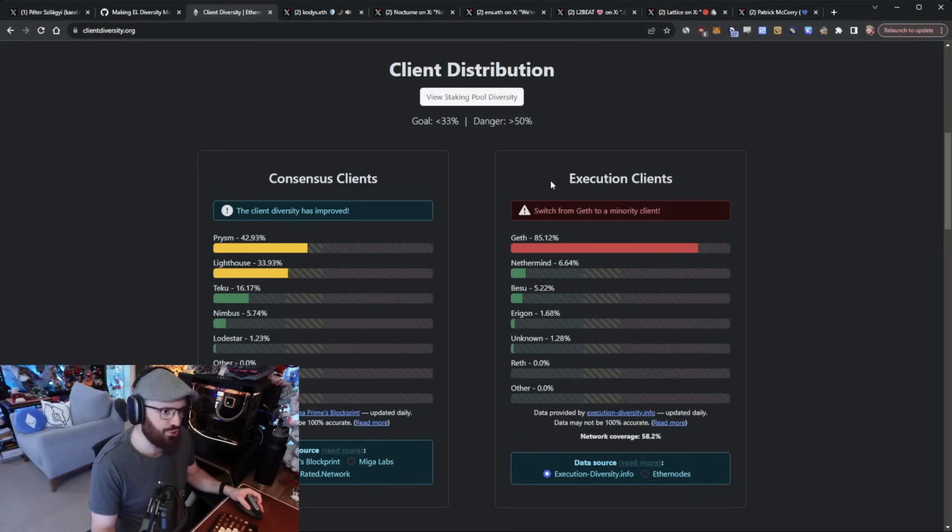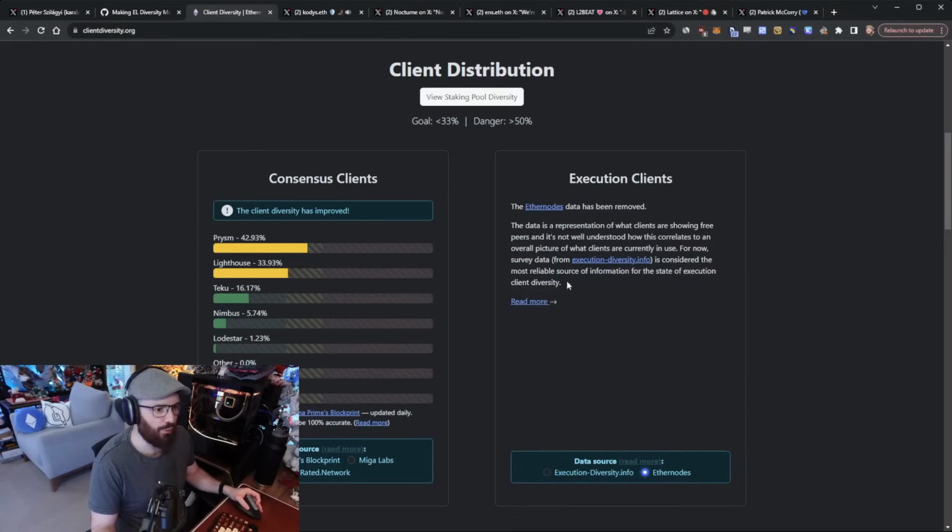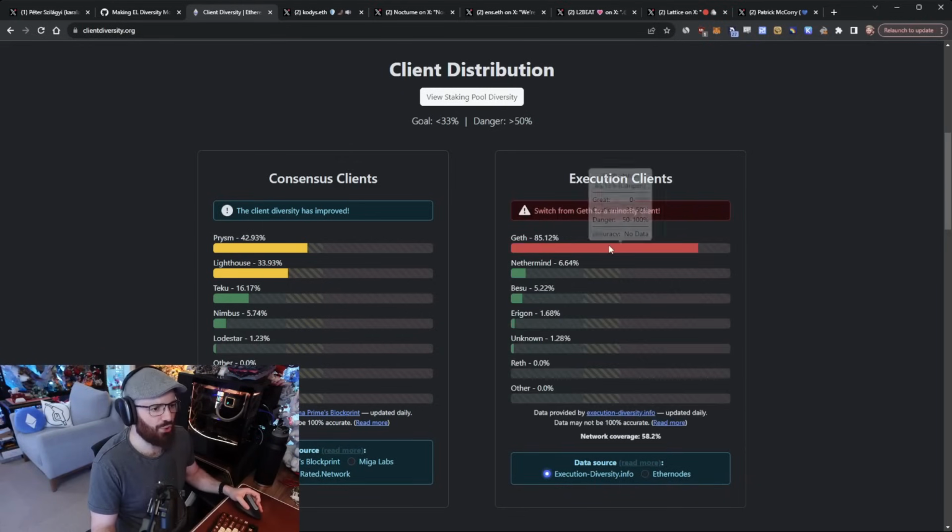But if we look at the execution layer side of things, it's still dominated by Geth. Keep in mind, this data is self-reported, and it only covers about 60% of the network. I explained to you guys that this data is sourced from staking entities that have reported what execution client they're running, and then you had Ethernodes' data, which was removed, which showed a very different picture, because it looks at the whole network.